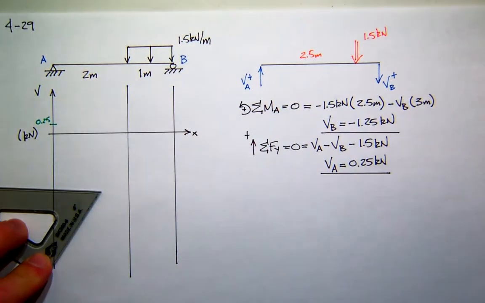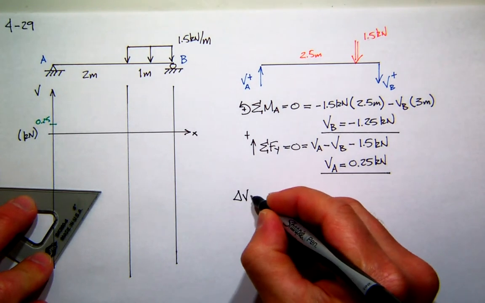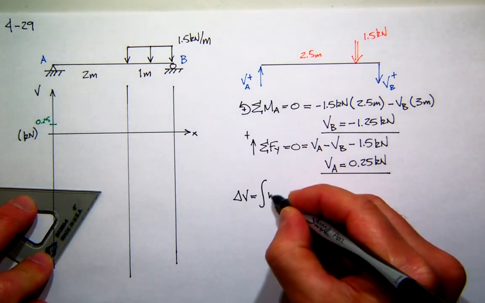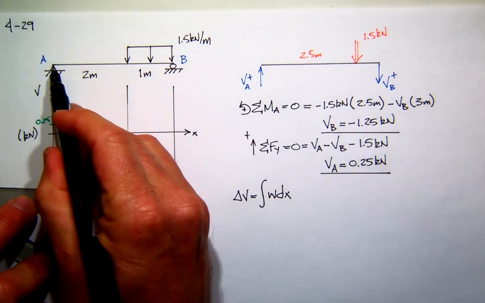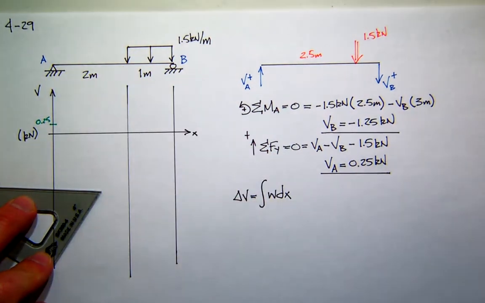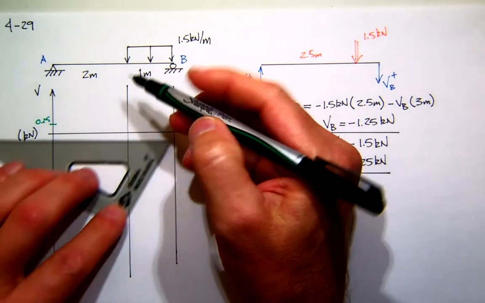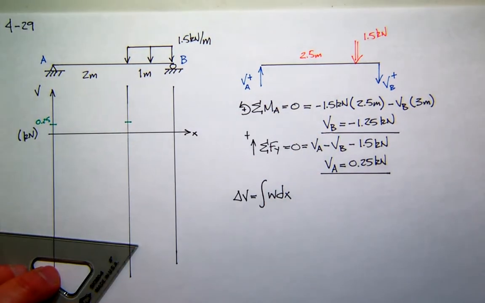So we're going to start here at 0.25. Now we know that the change in shear between any 2 points is the area under the load diagram, right? So what is the area under the load diagram over the first 2 meters? 0. So there's no change in shear. So that means my shear should remain 0.25.